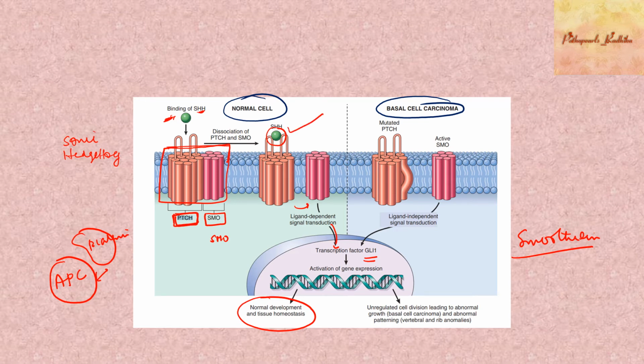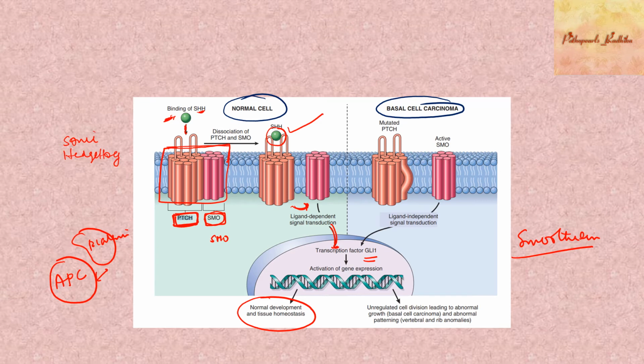Without signal, this should not help in proliferation of cells, right? So I'll repeat again. Patched will always form a complex with smoothened, and whenever you have the binding of the sonic hedgehog signal, there will be dissociation of patched from smoothened, which leads to transcription factor activation, leading to proliferation of cells, which helps in development and homeostasis.